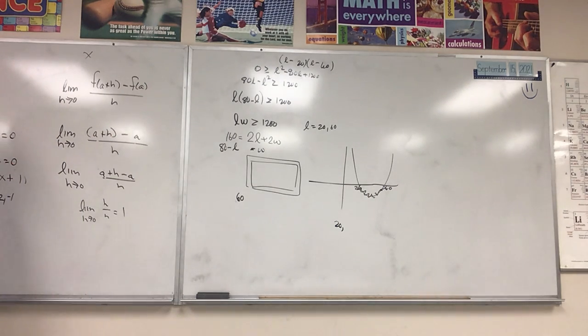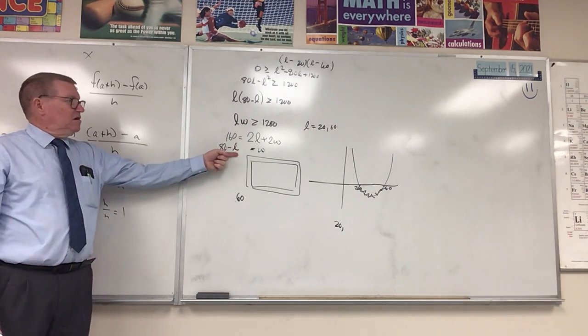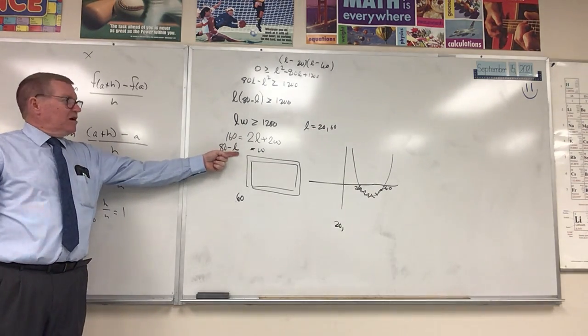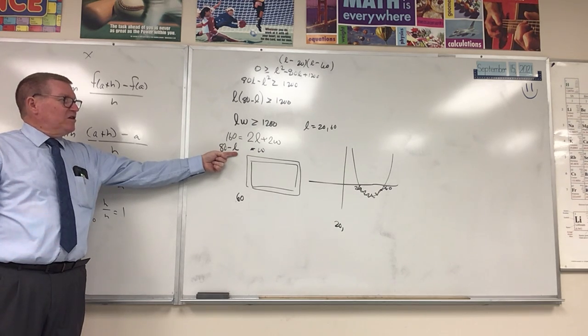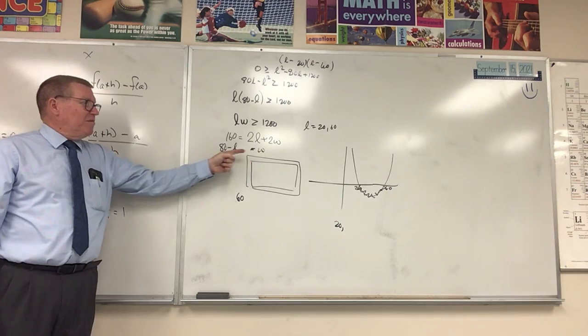But if I put 20 in, my width is bigger, correct? So what's the smallest number for my length I can put in that would make my width not bigger than my length? What number can I put in for L between 20 and 60 that would make sure that my width is not bigger than my length?